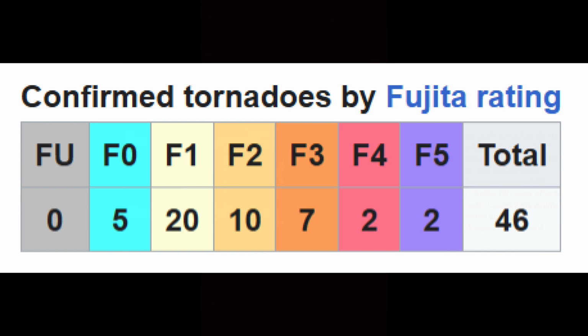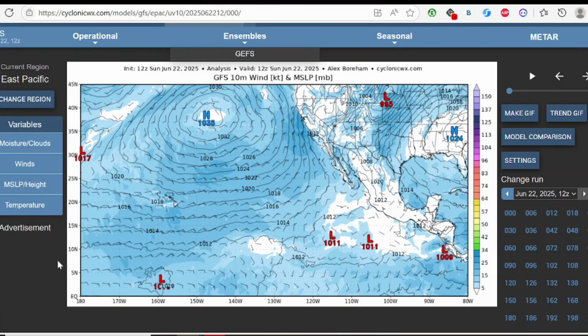If you compare that to a modern scale outbreak, that will be very high up the scale in the OIS damage, and also in the significance of the type of tornadoes that were produced in the outbreak.